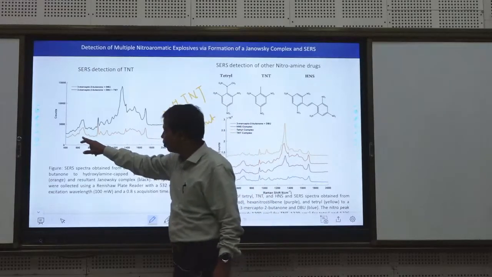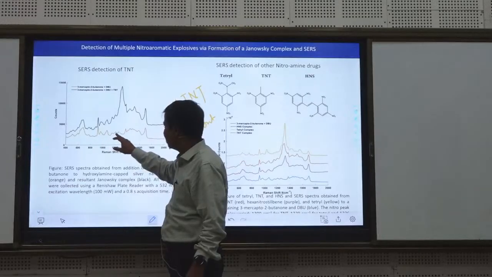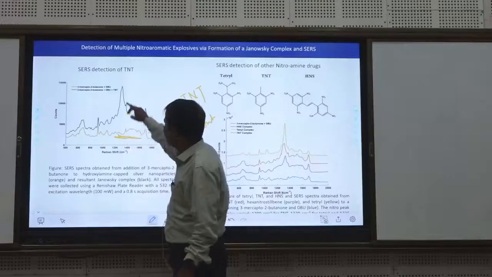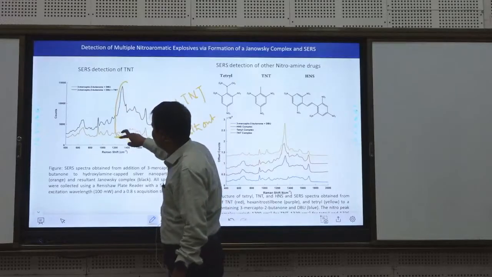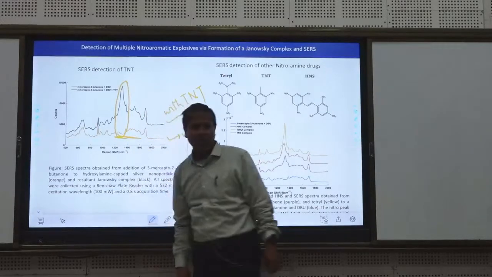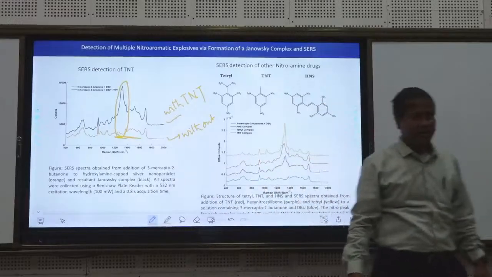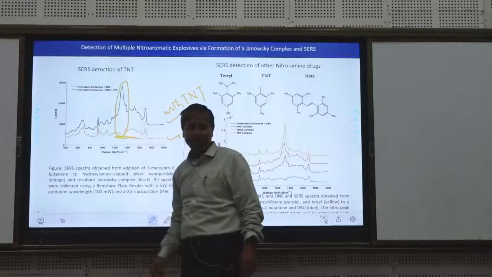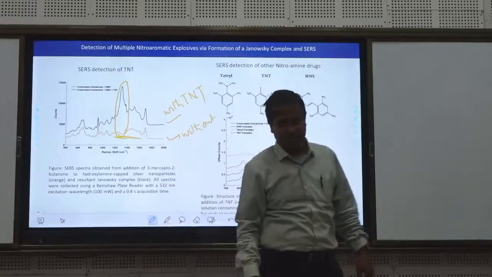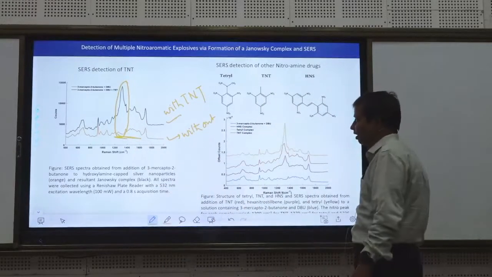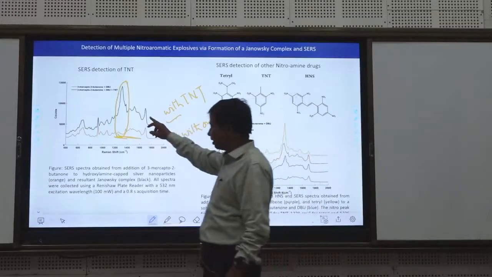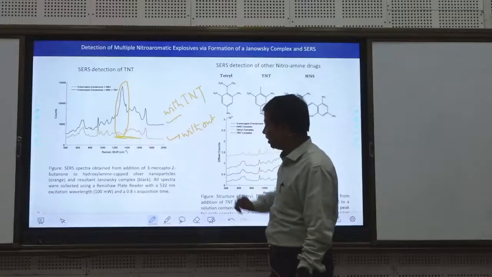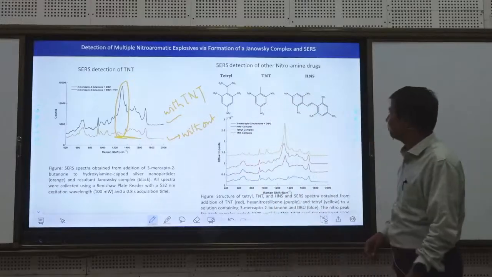See, this area is more or less the same, this is more or less the same, but this area is clearly distinct. This peak clearly says that you have TNT as a material. So this is one example for detecting TNT with very high accuracy.